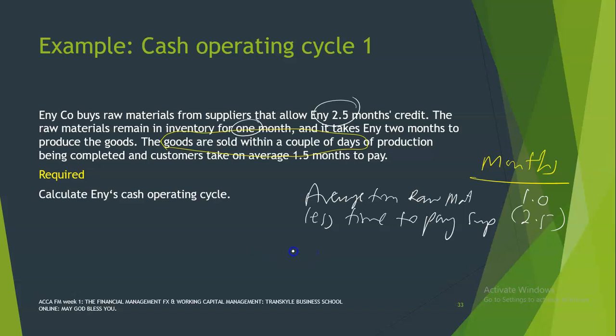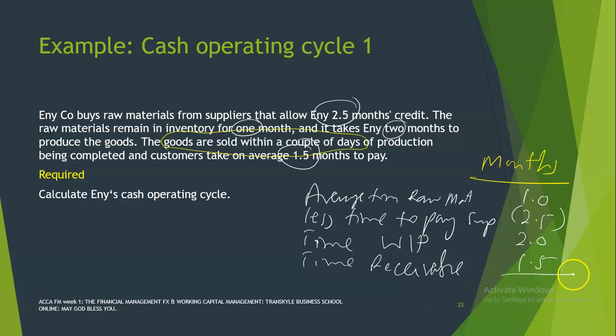Then the time taken to produce goods, the work in progress time, should be 2 months as given. And then the time taken by customers, the receivable time, should be 1.5, because we are told that customers take 1.5 months to pay.